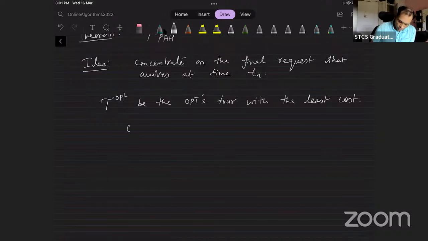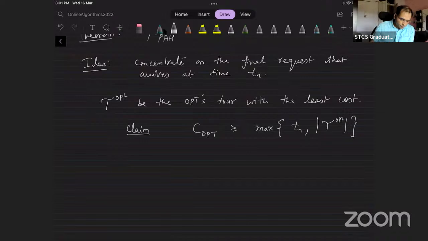So first thing to note, claim: the cost C_OPT is greater than or equal to max of Tn and the path length. Sorry, T_OPT is just the C_OPT. This is my total time taken. Do people agree to this?